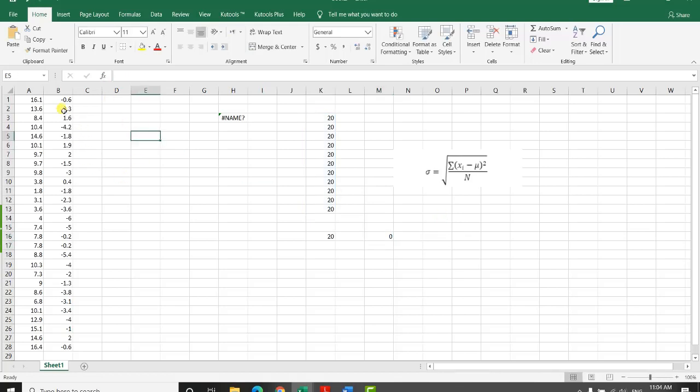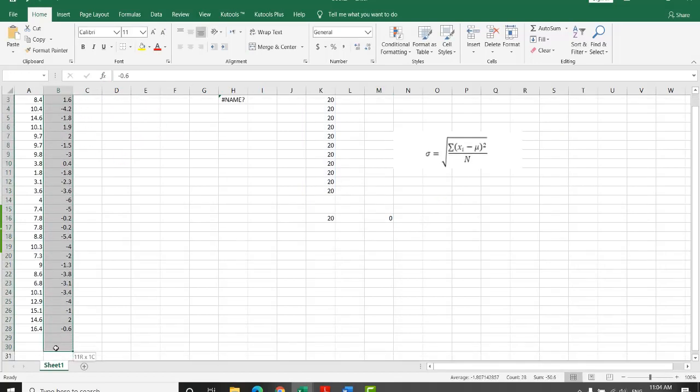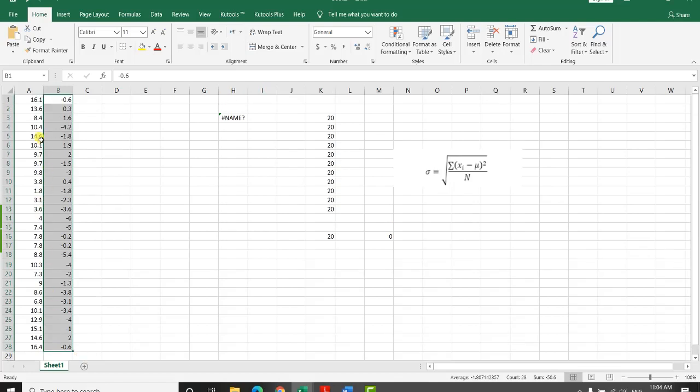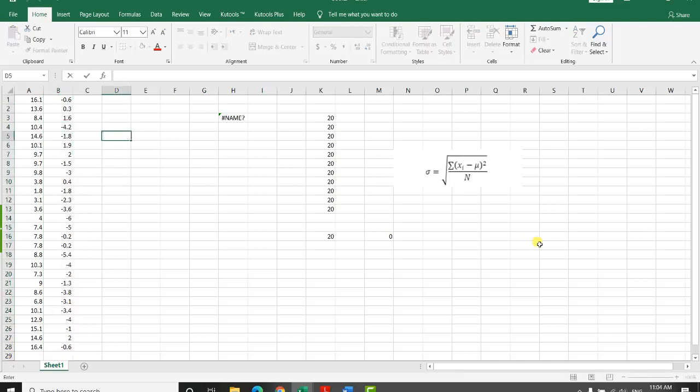Then I want to go through this data set that I have, the maximum temperature and minimum temperature of one of the stations in my study area. I want to calculate the standard deviation of these data sets. So I get the equal standard deviation for population because I have numbers for each day.